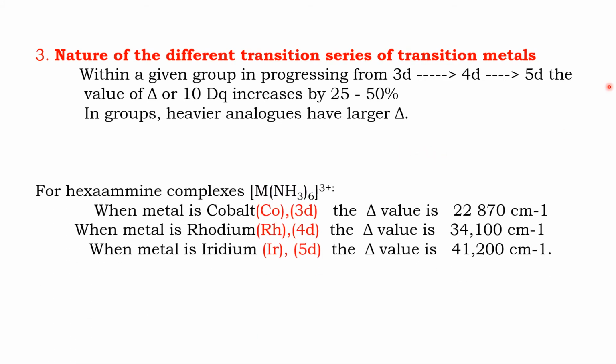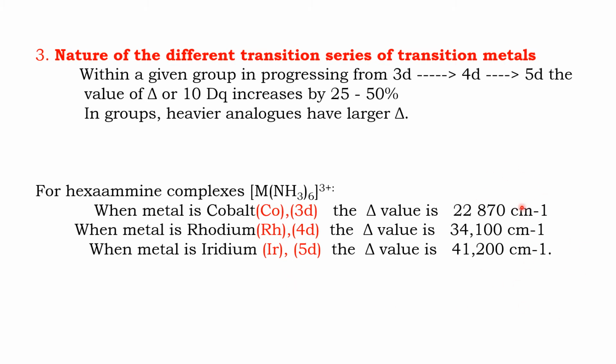See here, I am taking the same complex, but the metals are different. Metals are cobalt, rhodium and iridium. Cobalt belongs to 3d series. Just down we have rhodium, 4d series, and just down we have iridium, 5d series. So we move from 3d to 4d to 5d.